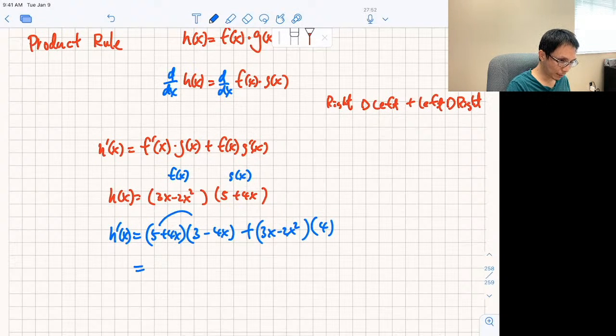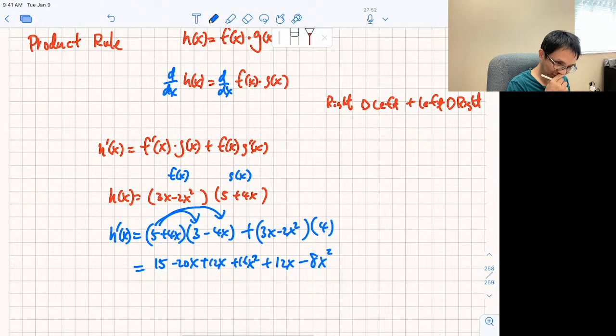So then this times this is equal to 15, and this times this is equal to minus 20x, plus 12x, and plus 16x squared. And then plus 12x minus 8x squared. I might have made some mistake.